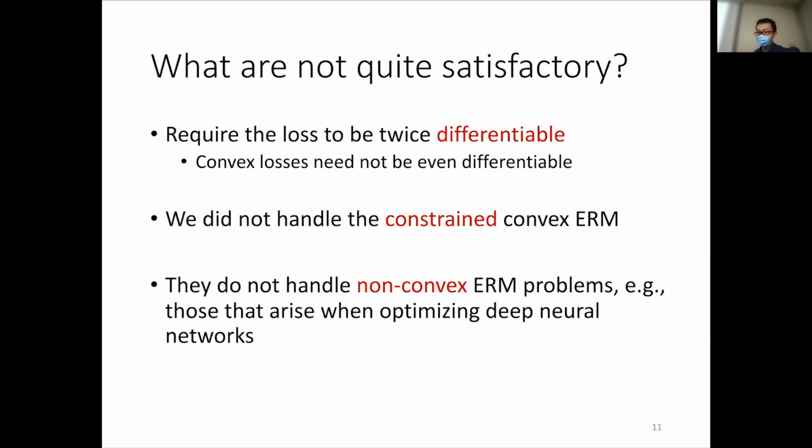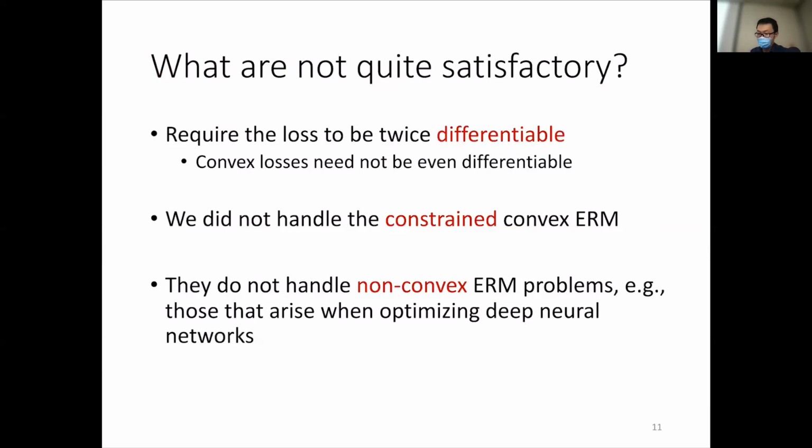But these two algorithms clearly rely very strongly on the convexity assumptions and on the fact that the loss functions are twice differentiable, at least for the objective perturbation, and there are convex losses that are not even differentiable.